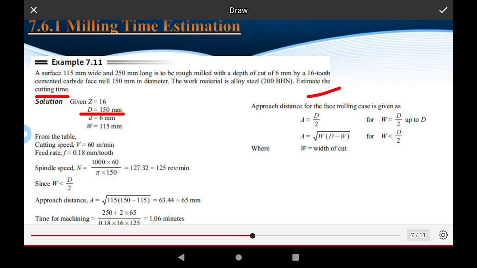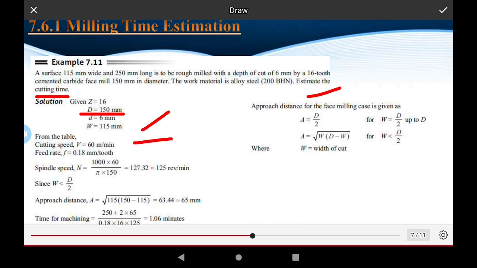Consider the values from the standard tables. From the tables, the cutting speed v equals 60 meters per minute.